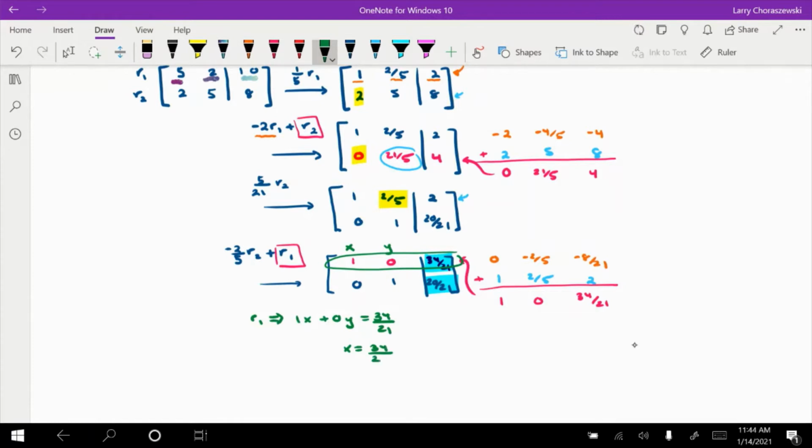And boom, that's how we can infer that x is equal to 34 over 21. Row 2 of this version of our matrix would tell us that 0x plus 1y is equal to 20 over 21. Well, this reduces to y equals 20 over 21. And that's how we can link up the value of 20 over 21 to the variable y.